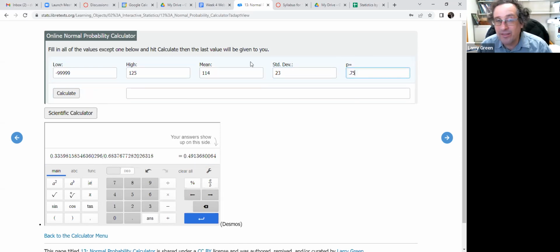What we don't know is the value. That's the high. So to be less than that value, you go between negative 99999 to high, which we don't know, and we're going to leave the high blank. Any questions on that? And then very simple, I hit calculate. And I get, I'll just go for decimals, 129.5133.